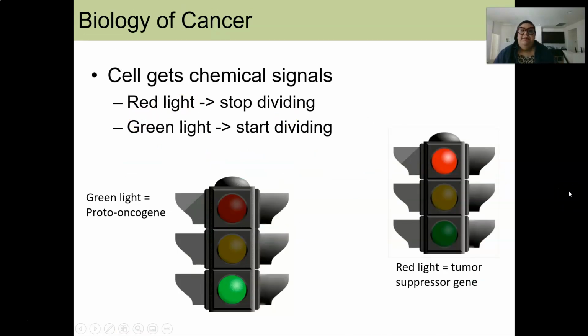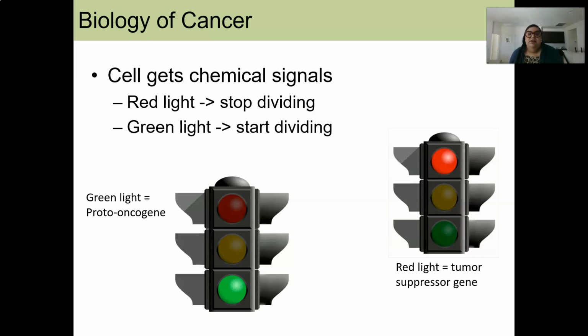So, a little deeper into the biology of cancer. Let's talk about those 2 different genes that I had discussed, a proto-oncogene and a tumor suppressor gene. We're going to talk about them as a red light and a green light, or cell signals. So a proto-oncogene is really a green light.